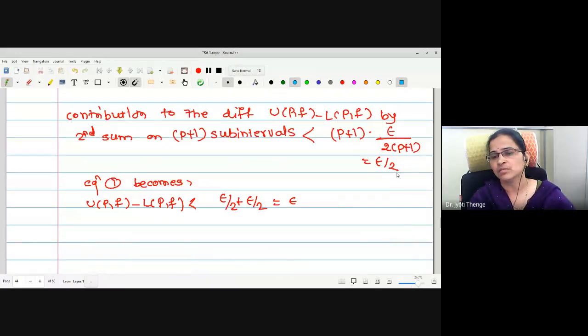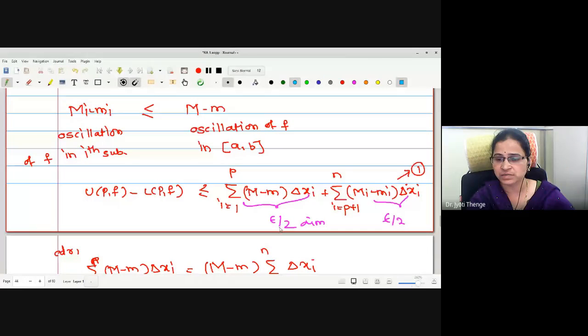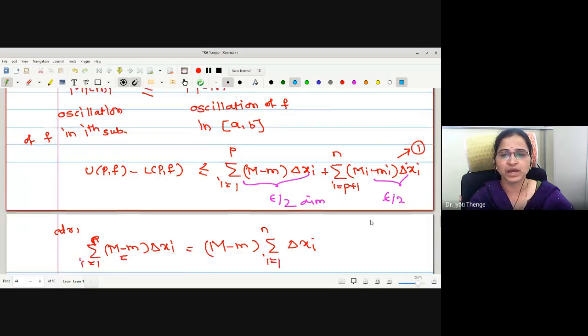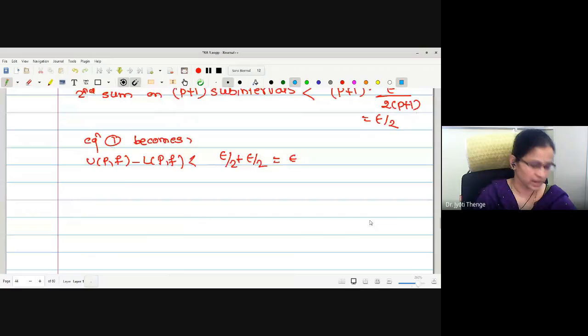Together, we can make this epsilon by 2. The contribution by the first summation is less than epsilon by 2, and the contribution by the second summation is less than epsilon by 2. Finally, this is less than epsilon, and hence the function having a finite number of points of discontinuity is integrable. But this is not the way you are going to write it in the exam.